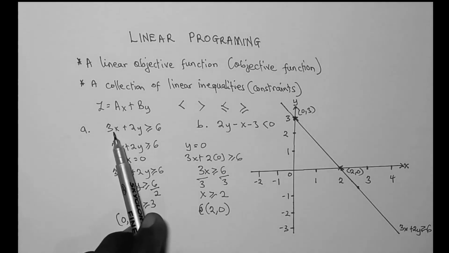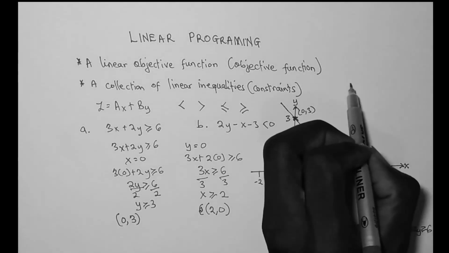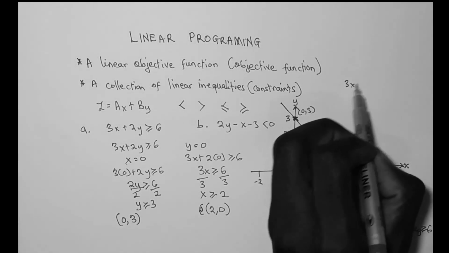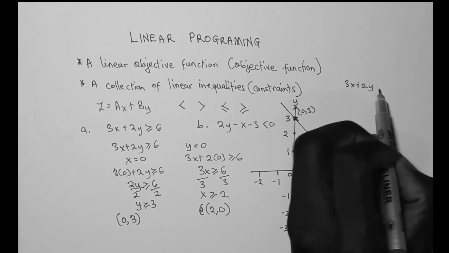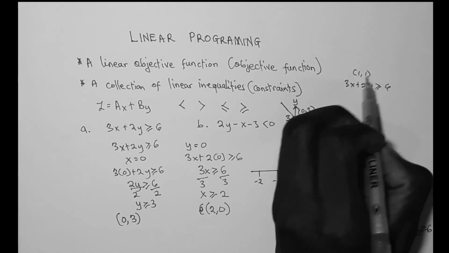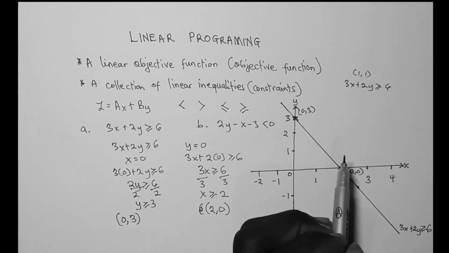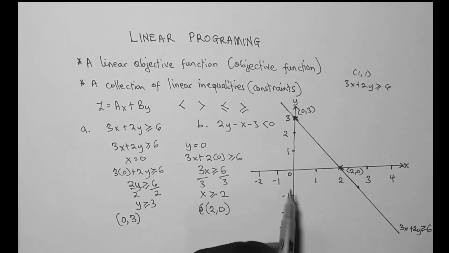So it is 3x plus 2y is greater than or equal to 6. We are using the point (1, 1), so wherever we see x, we put 1, and wherever we see y, we also put 1.